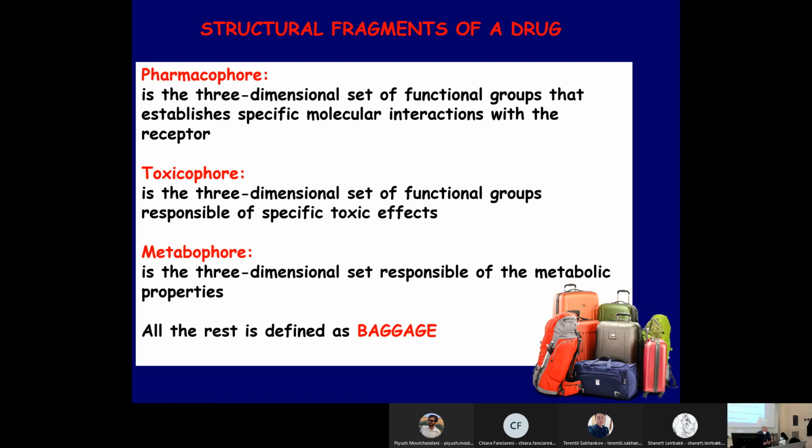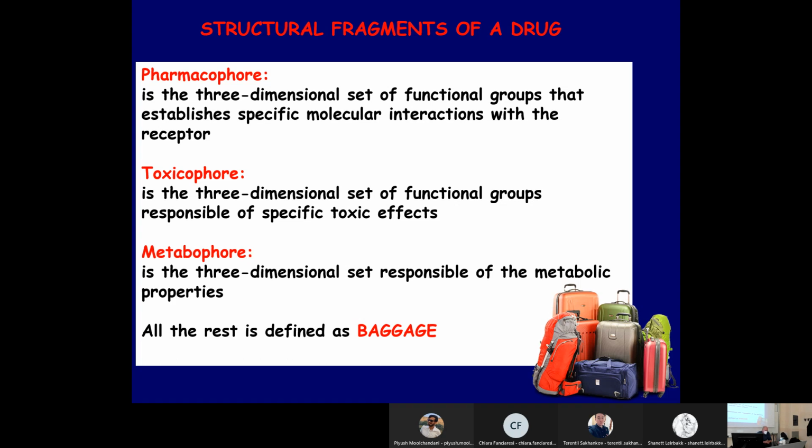So when you have a molecule, we can distinguish three different parts. The first one is the pharmacophore. We have already defined, is the chemical structure, the minimal chemical structure necessary to have a particular biological activity. But there are also other two important parts, a toxicophore and a metabophore.